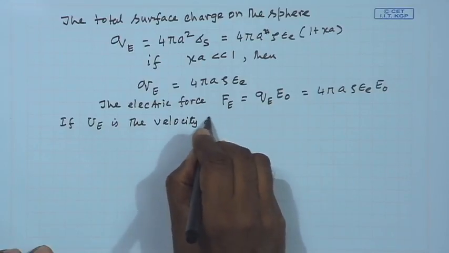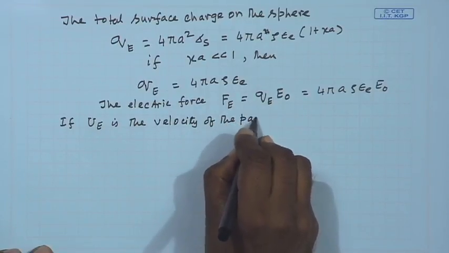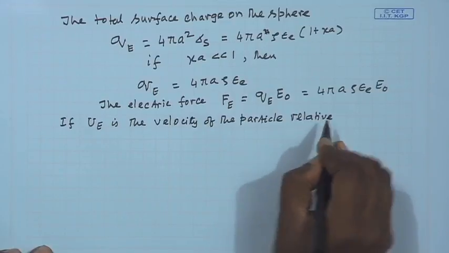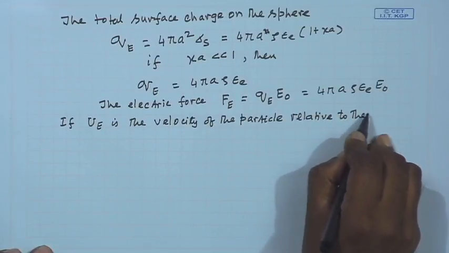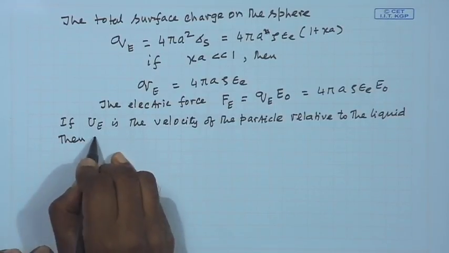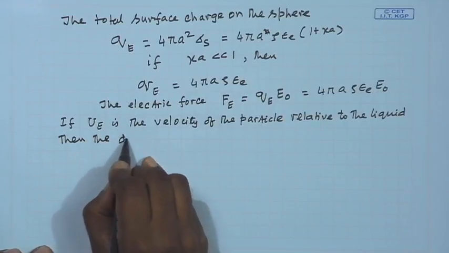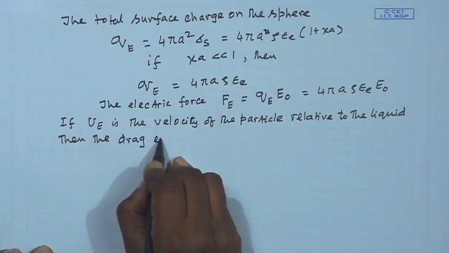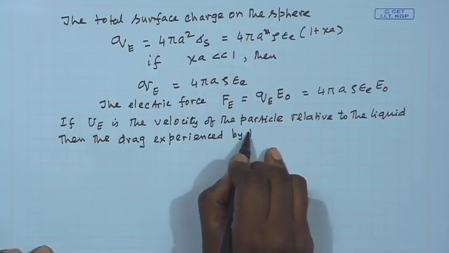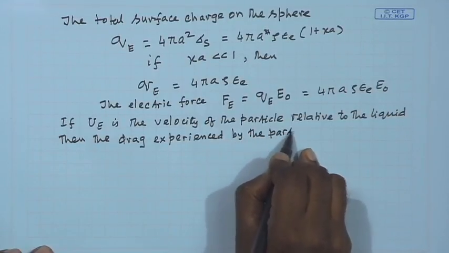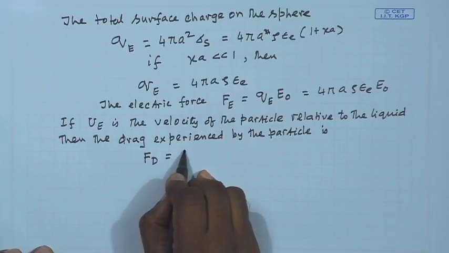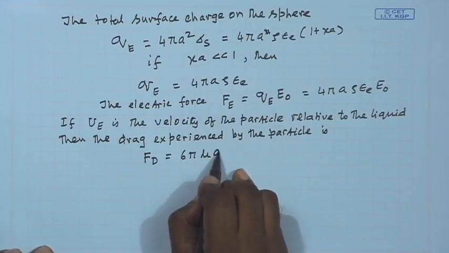velocity of the particle relative to the liquid, then the drag experienced by the particle is F d equal to 6 pi mu A u e.